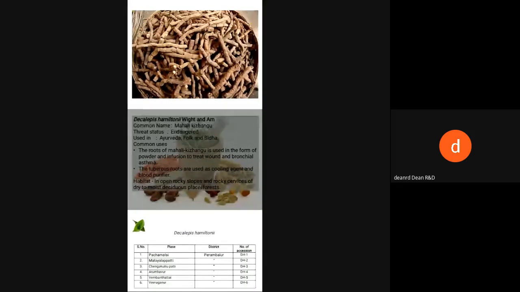The common name is Maharlikizhangu in Tamil, and the status is again endangered. It is used in Ayurveda, folk and Siddha medicines. The roots are used in the form of powder and infusion to treat wounds and bronchial asthma. That is more important. Tuberous roots are used as a cooling agent and blood purifier also.